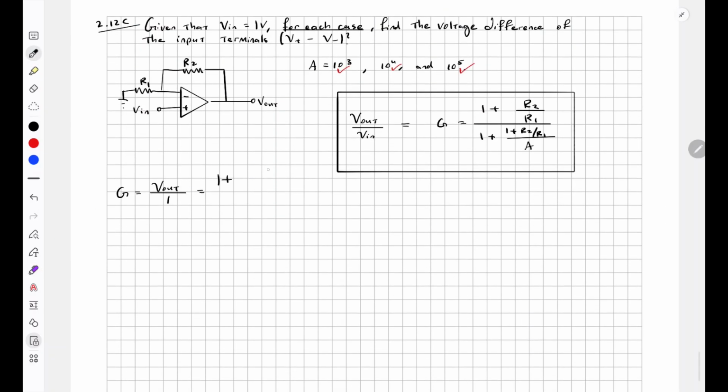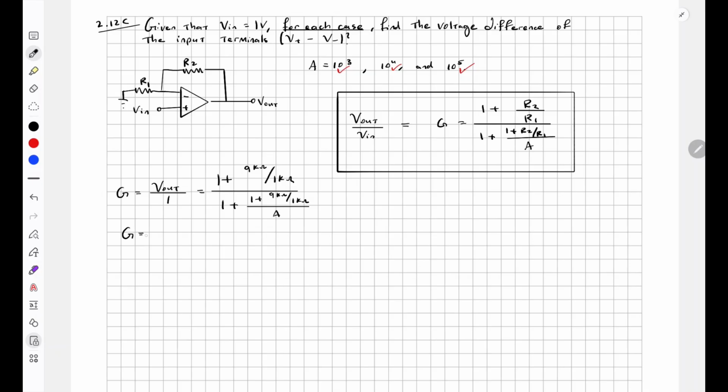So we have 9 kilo ohms divided by 1 kilo ohms, and then the denominator is 1 plus 9 kilo ohms divided by 1 kilo ohms divided by A. I just plug into this equation here.